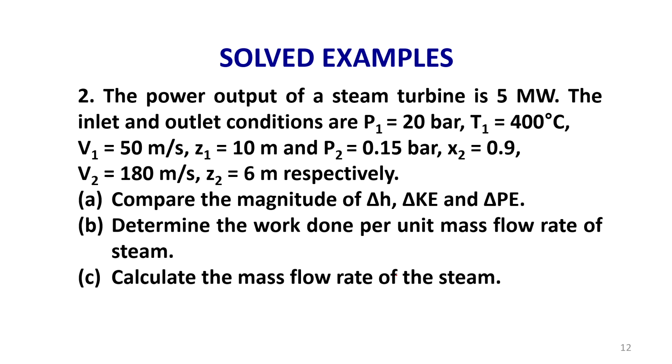The dryness fraction, that is the quality of the steam at the outlet, is given as 0.9. Velocity at the outlet is 180 meter per second and the height is 6 meter respectively. So, these are all the inlet and outlet conditions given.